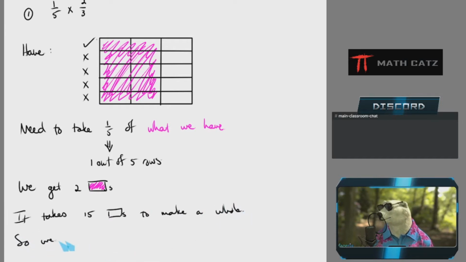So we get or took or whatever, or I don't want to say left with. No, I don't want to do that. 2/15ths of a whole rectangle. I'll write that down. Of a whole rectangle.